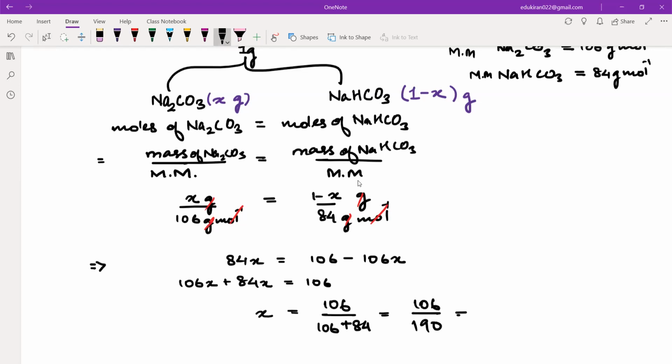Okay, so calculate the value of x. 106 upon 190 should be greater than 0.5, something close to 0.55.